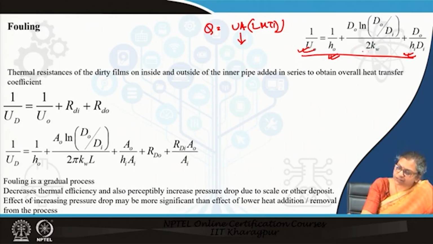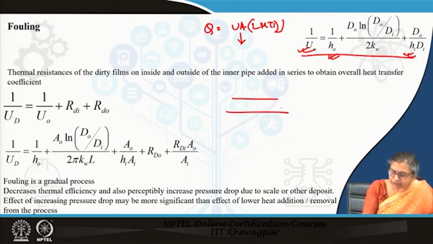Initially, when you have started a new exchanger, definitely the tube is clean. But as time proceeds, what happens? There will be some deposit, some corrosion on the tubes, and due to the dirty films on the inside and outside, there will be an additional resistance to heat transfer.